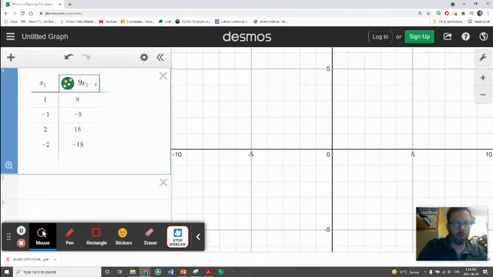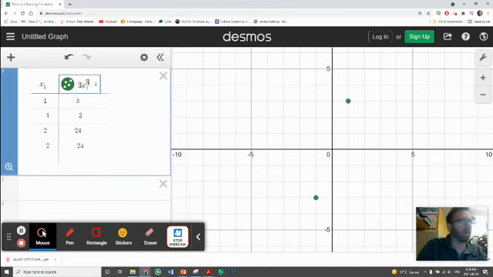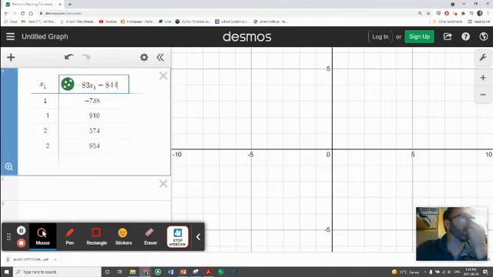But let's see. We're doing 3x cubed right now, so 3x cubed, 1 cubed, plus 20x squared. Make sure to include the 1 so it's using the values in our table. Plus 83x, and then minus 844.